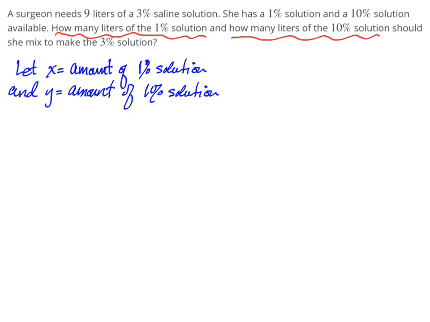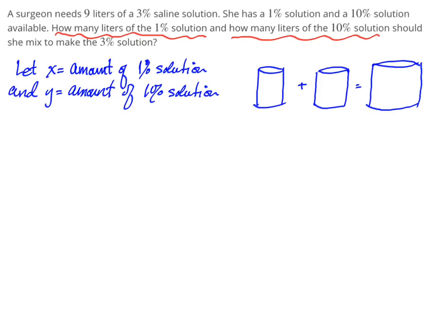So now we have to figure out what our equations are going to look like. Since we have two variables, we need two equations to solve for them. So we've got the amount of liquid and then the amount of salt in that liquid. That's going to be the two equations. So the picture looks like this. There's two containers with saline, and we're going to mix them together to get a bigger container of saline.